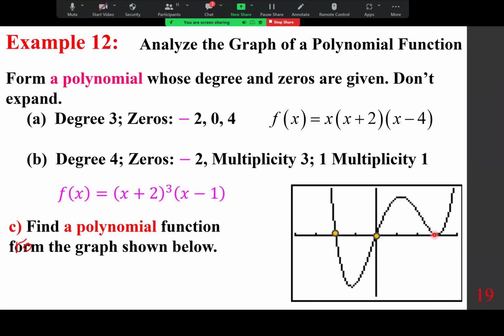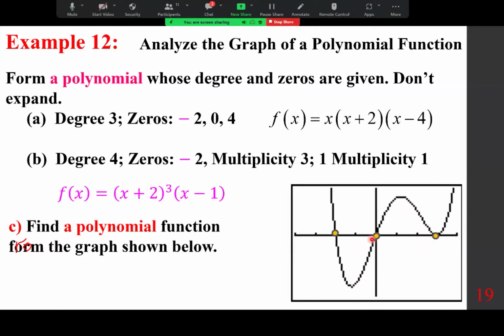This is another one. This is another one. So this is located at -2 with multiplicity 1 because it crosses. This is located at 0 with a multiplicity 1 or odd because it crosses. This one, 1, 2, 3, x equals 3, if you will, which results in x minus 3. And this has a multiplicity even because it doesn't cross, it bounces back, it touches it and bounces back.